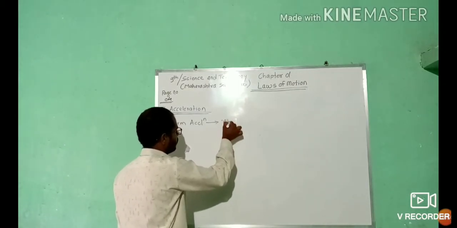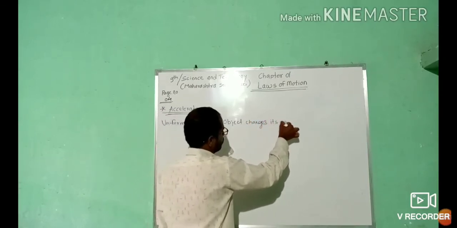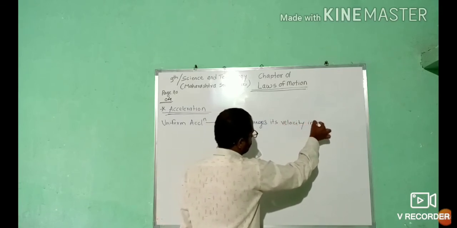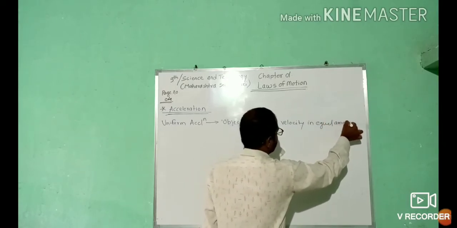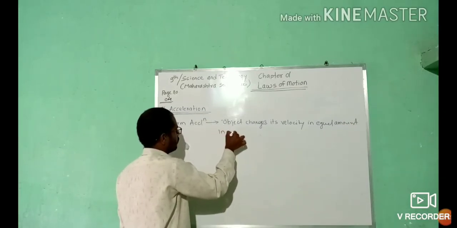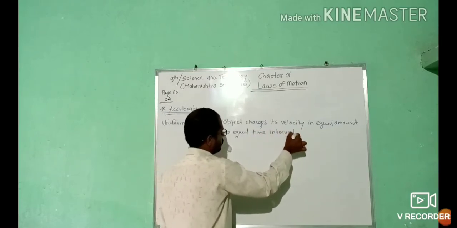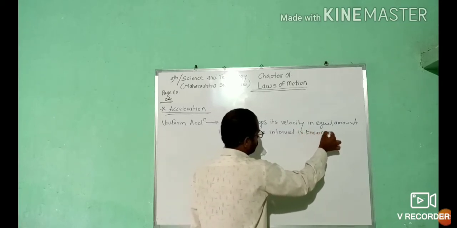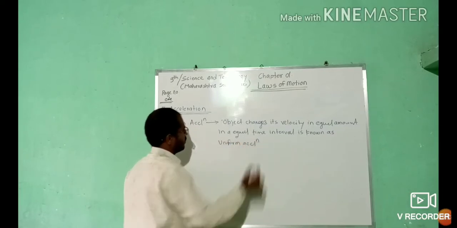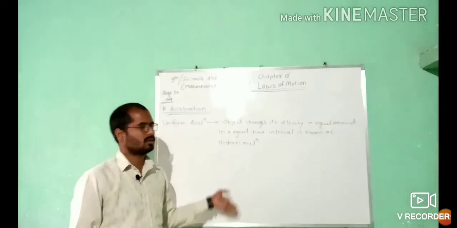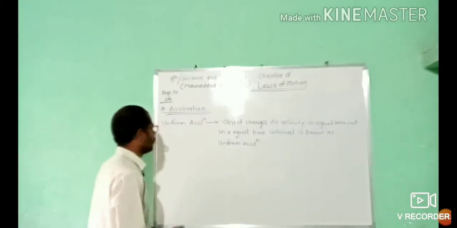Or you can say an object that changes its velocity by an equal amount in an equal time interval is known as uniform acceleration.